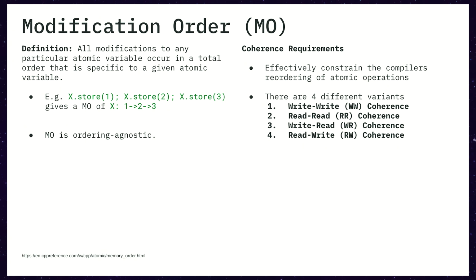If it sees that we need to do some load later on, it'll hoist that earlier into the program so that load can be pulled from the cache earlier on. A lot of these optimizations are great, but in a multi-thread scenario, it can be problematic. And so these four coherence requirements, write-write, read-read, read-write, and write-read, constrain the compiler the moment you start working with atomics. And the hardware knows exactly what to do the moment it sees that.